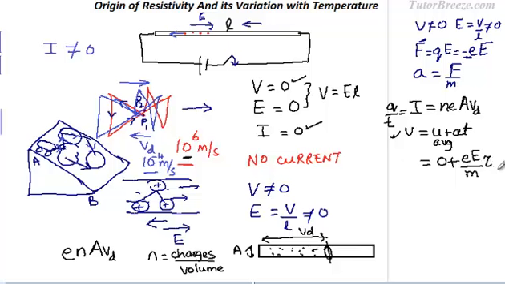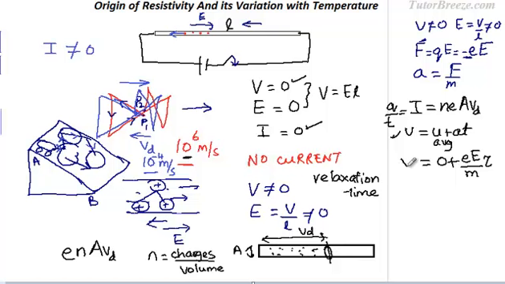t would be tau. See, tau is the relaxation time, which is the time between two successive collisions. These electrons are going to continuously experience collisions, and the time between two successive collisions is tau, and that is the time when the particle will accelerate.